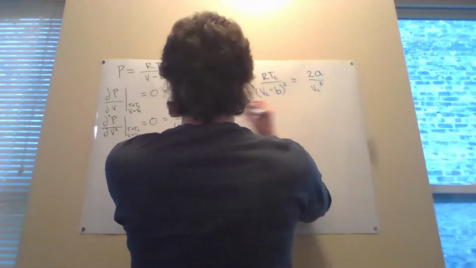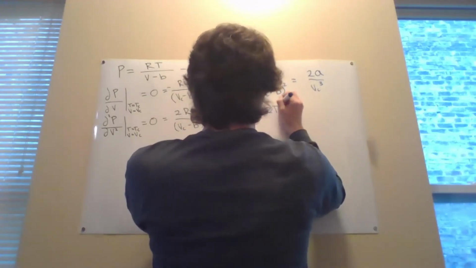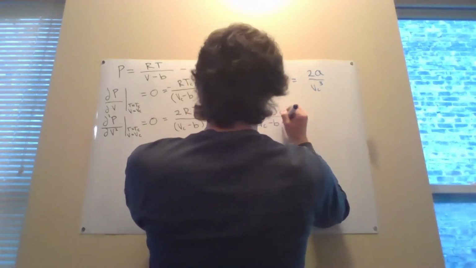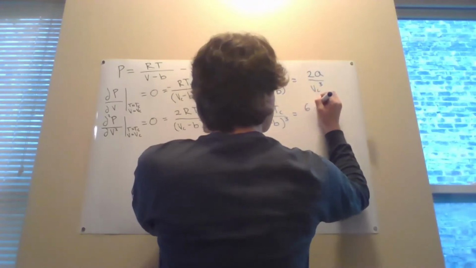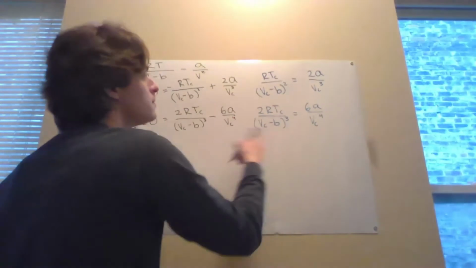And then rewriting the second derivative, we'll have 2 times R times the critical temperature over (critical volume minus B) cubed equals 6 times A over critical volume to the 4th power.